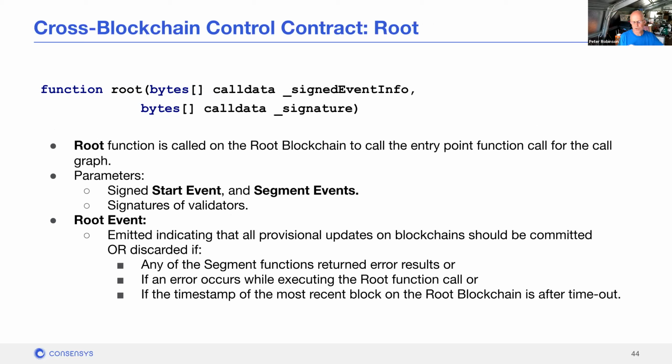And so the root event is going to indicate that everything should be committed, or it's going to say all of the updates should be discarded. So if any of the segments fail, so they've got error results, or if an error occurs in actually executing the root function, or if the timestamp is after the most recent block timestamp on the root blockchain.